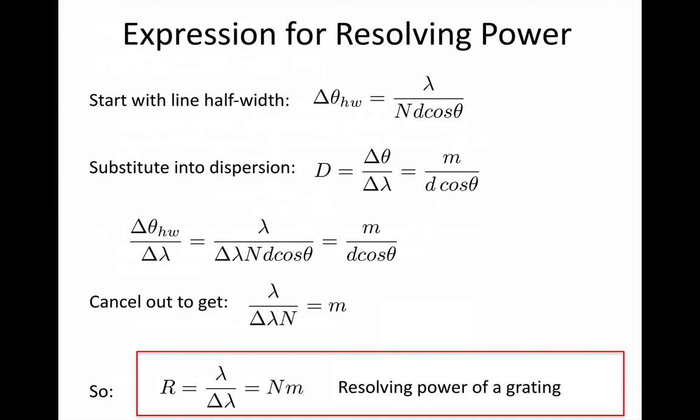So if we want to increase the resolving power of a grating, we need more slits, and given that the light will only have a finite width, that means we want to bring the slits as close together as possible. We would also want to use the higher order fringes that are further out, because they are more spread out.